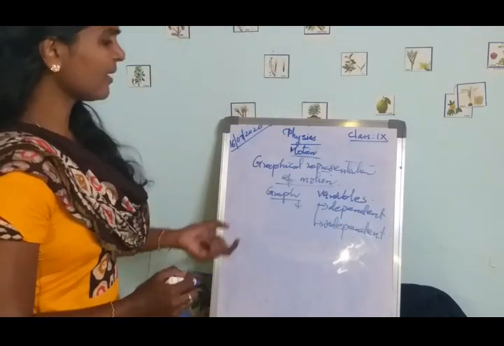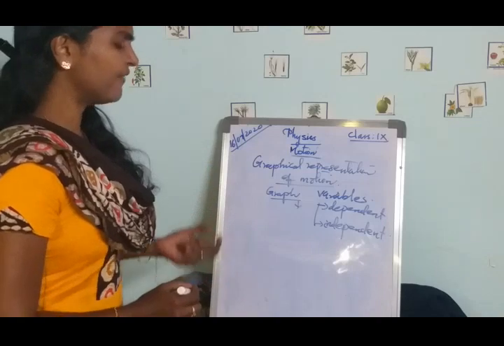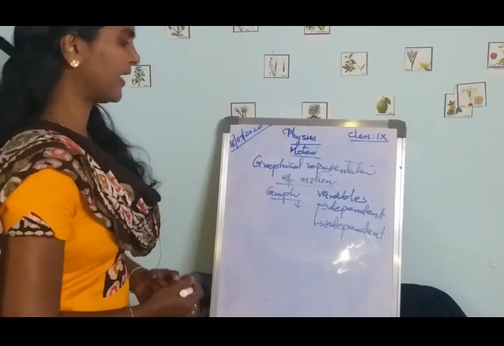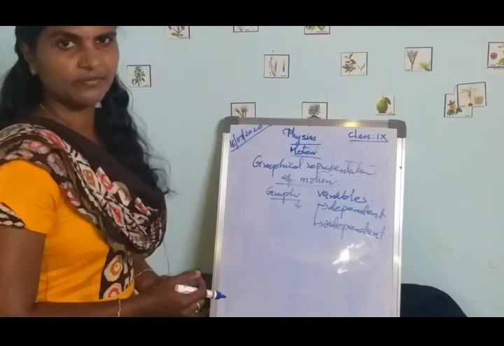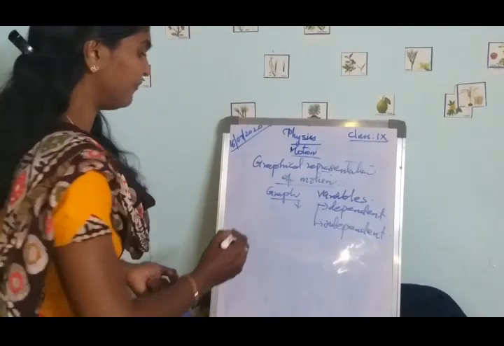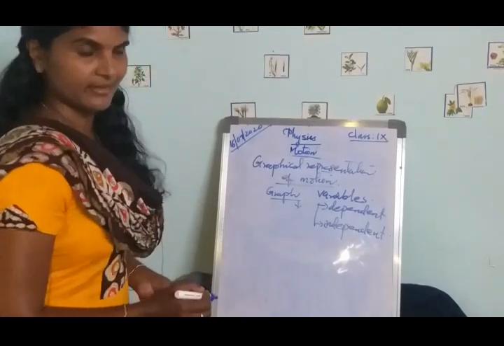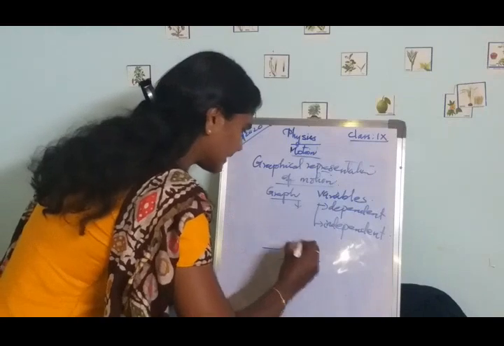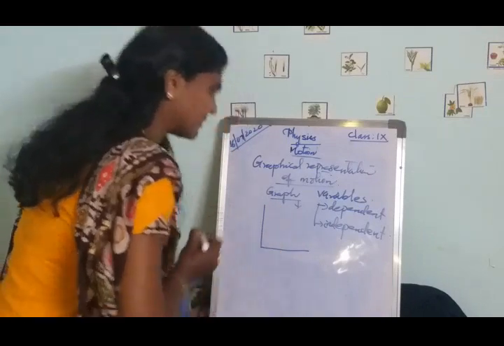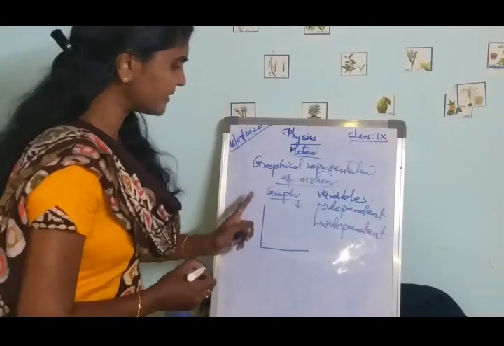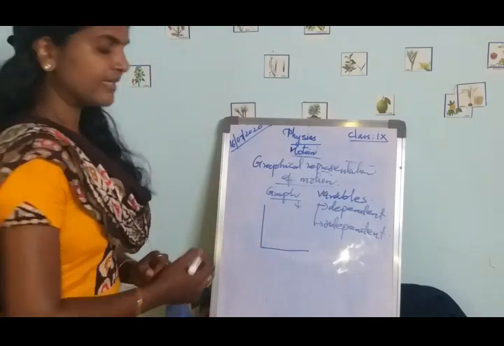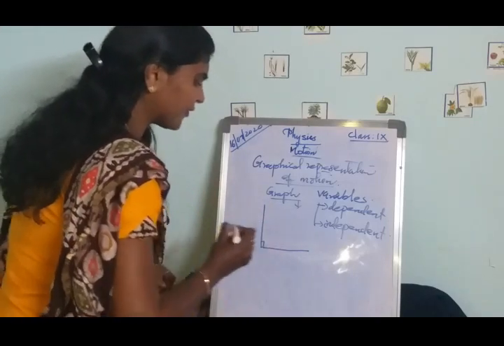For drawing a graph we need two axes, one horizontal axis and one vertical axis, and these two are perpendicular.